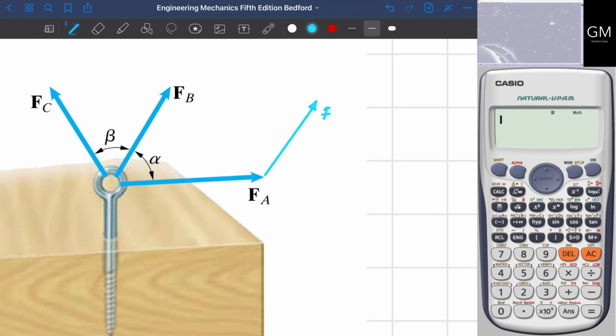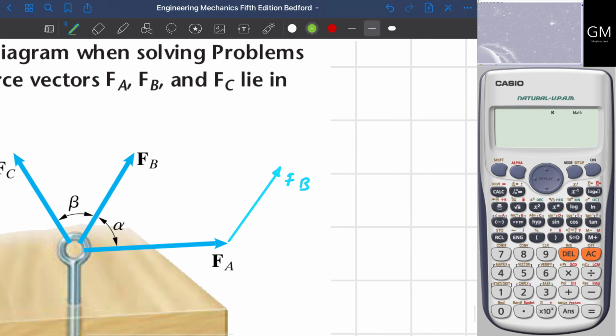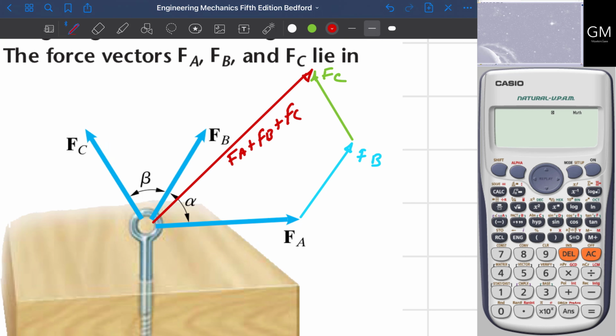So this is FB, and I'm going to draw in green the FC vector. So I'm going to draw this vector, and I'm going to say that this is the FC vector. So the answer will be this one. Okay, this is the answer for FA plus FB plus FC.